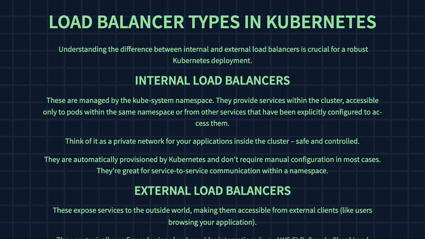Now, when you want users from outside your network to access your application, that's where external load balancers come in. These are connected to your cloud provider's load balancing services like AWS or Google Cloud, and they act as a gateway, directing traffic to the right pods inside your cluster. The main difference is simply who can access them. Internal load balancers are for within cluster communication, while external ones open up your application to the world.